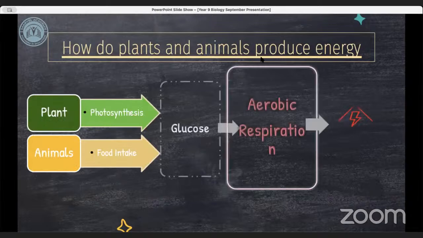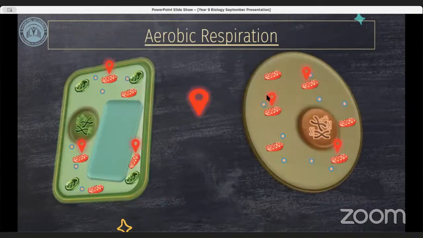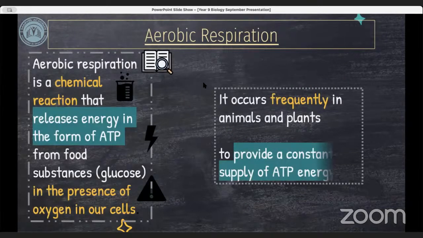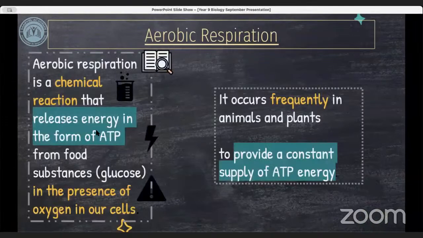And then we learned how plants and animals produce their energy. Plants from photosynthesis, animals from food intake. And then we came to aerobic respiration. The location is the mitochondria. And we learned the definition. It is a chemical reaction that releases energy in the form of ATP.